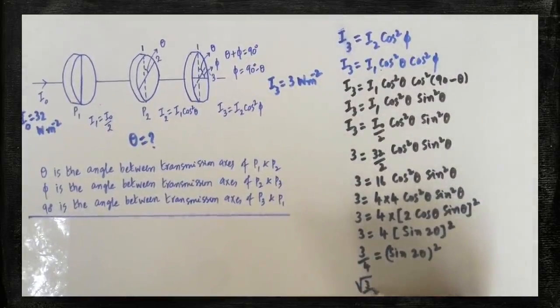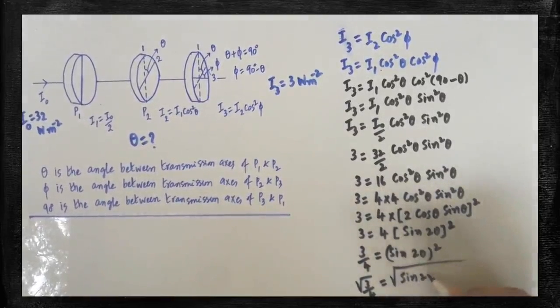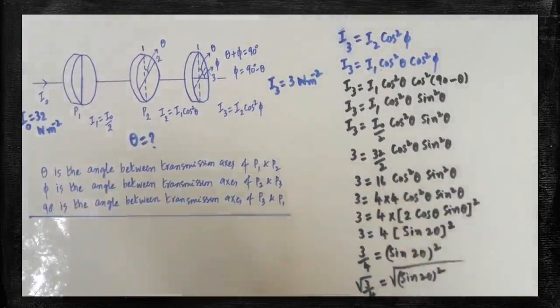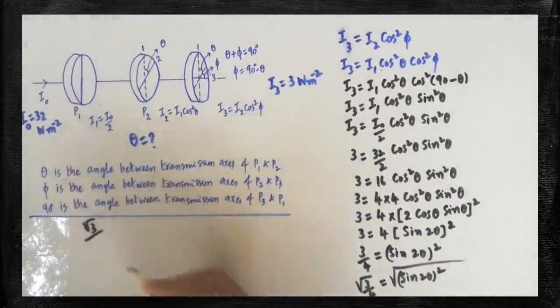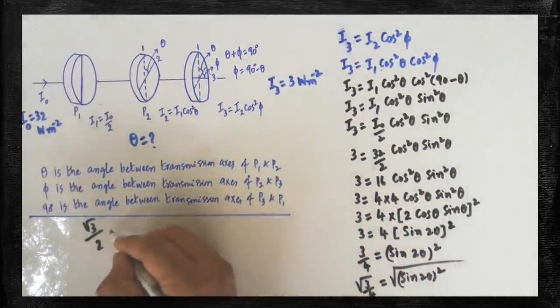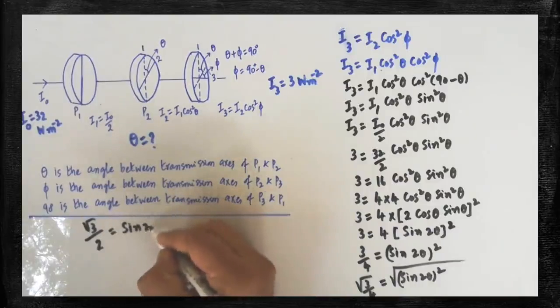Square root of 3 by 4 is equal to square root of sin 2 theta whole square. Are you clear? After taking square root, what will happen? That one becomes root 3 by 2, which is equal to sin 2 theta.